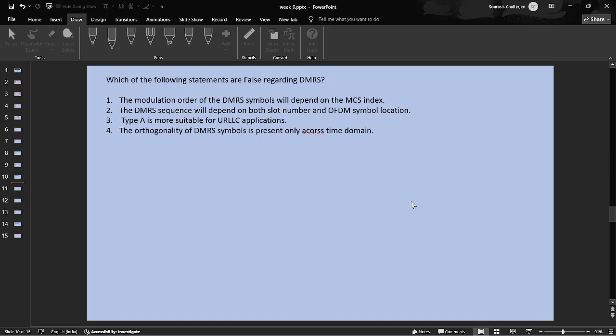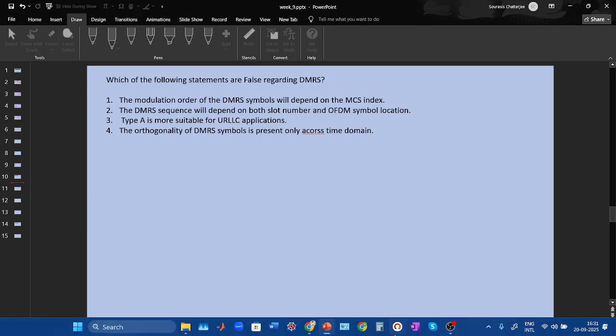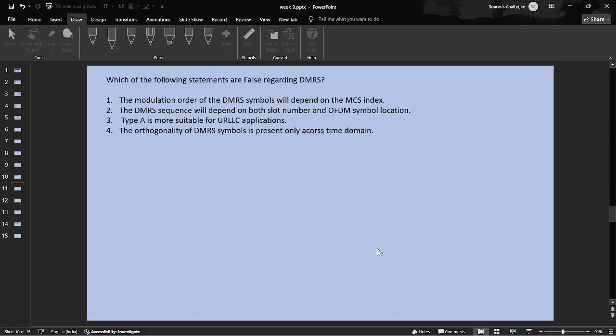Does it depend on the MCS index or is it fixed?